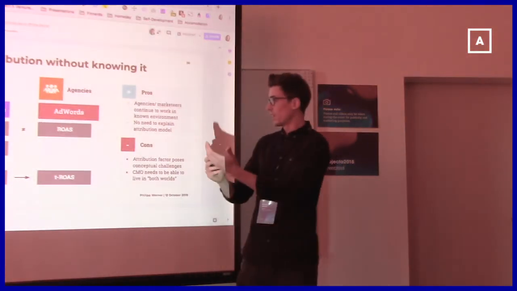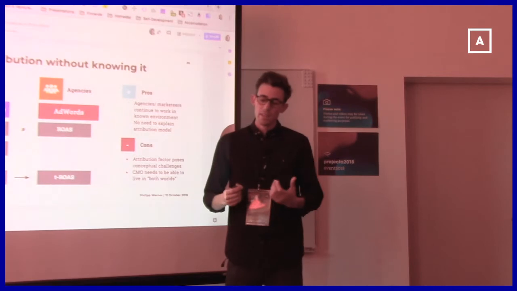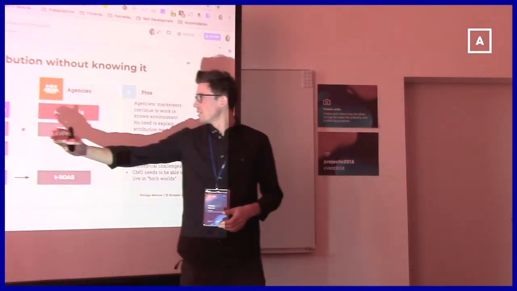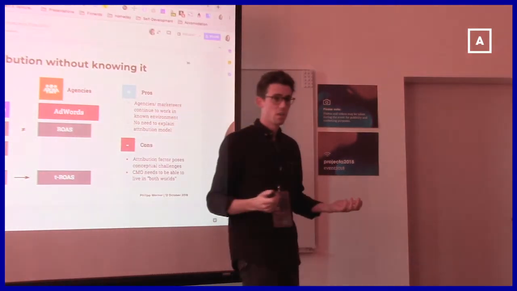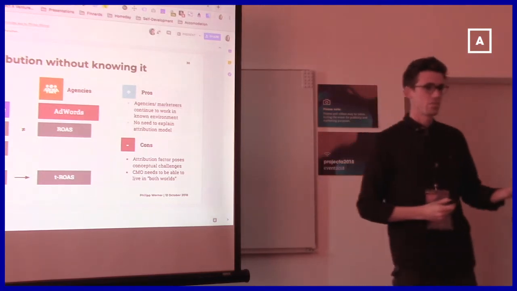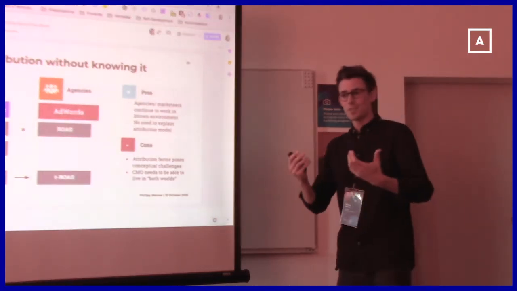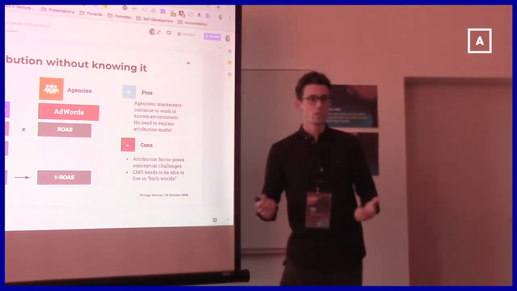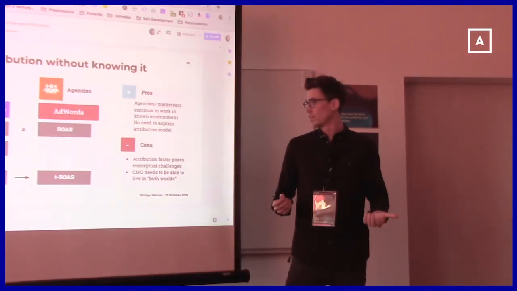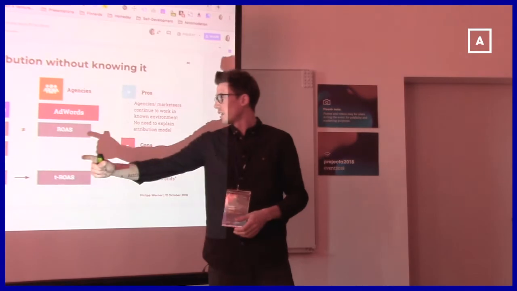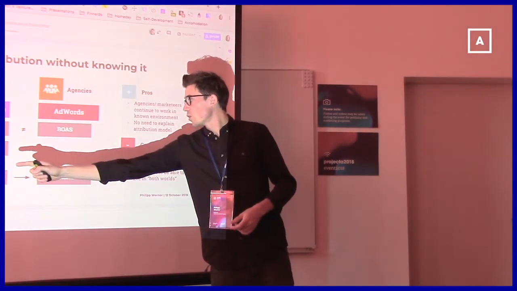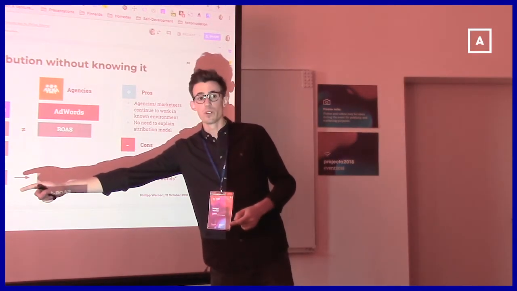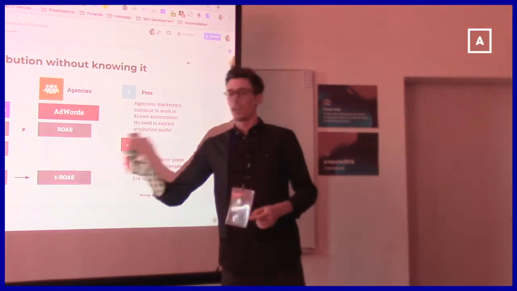So once again, there is a delta. And then the CMO basically, in his reality, comes up with a target ROAS that he wants to give to the agency. If he gave this attributed target ROAS to the agency, they would be puzzled and wouldn't know what to do because they live in a non-attributed world, right? So what you can do is you can calculate this target ROAS back to the non-attributed world and give this to the agency.